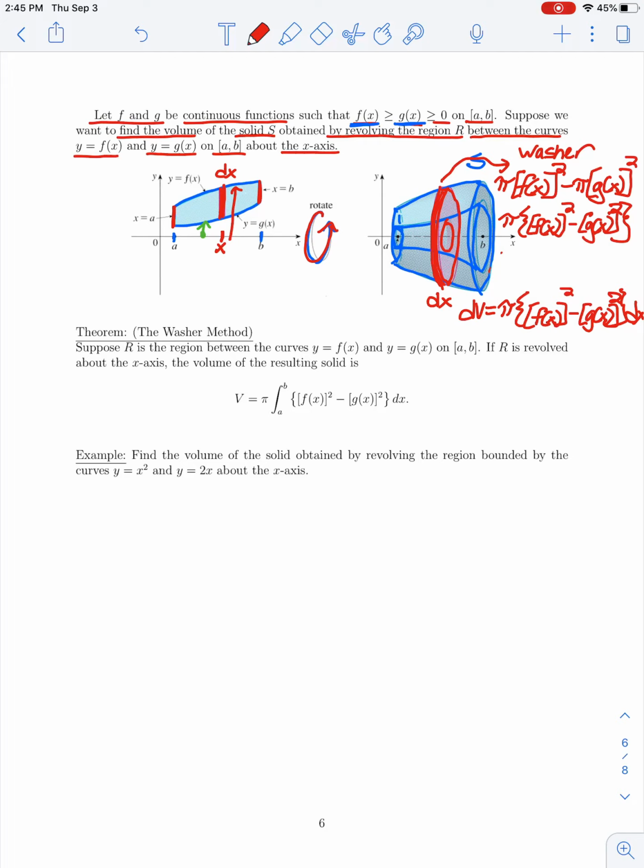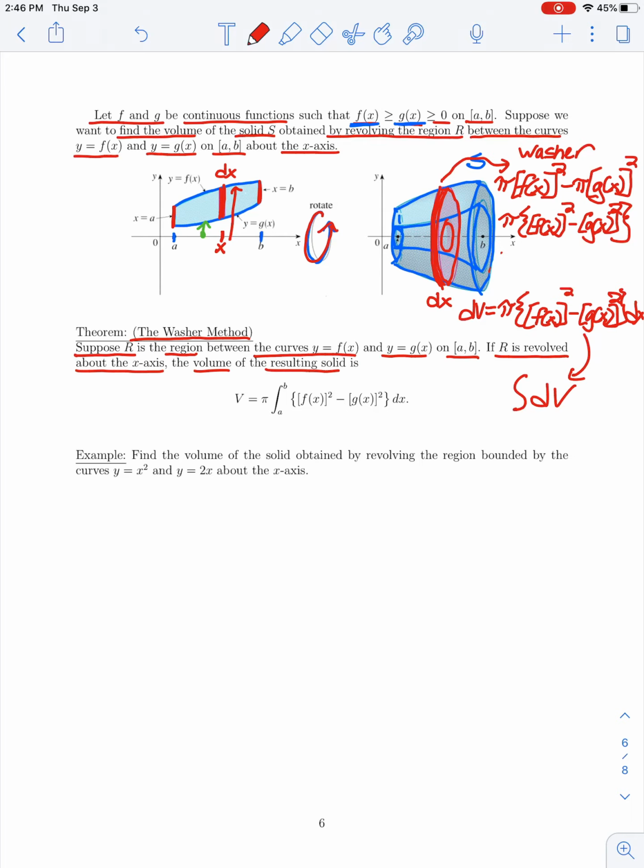So this result is known as the washer method, and it says, making this more formal, suppose that R is the region between the curves y equals f of x and y equals g of x on an interval from a to b. So if the region R is revolved about the x-axis, then the volume of the resulting solid is given by the integral of this differential for volume that we just found.